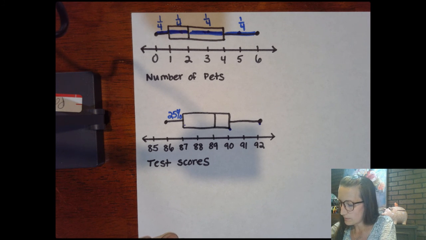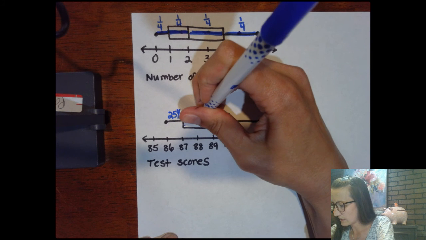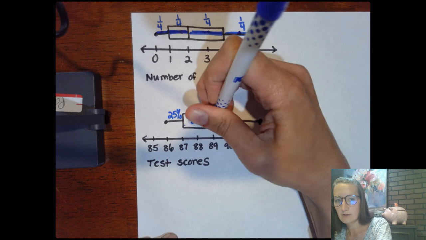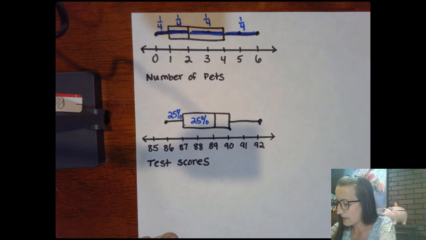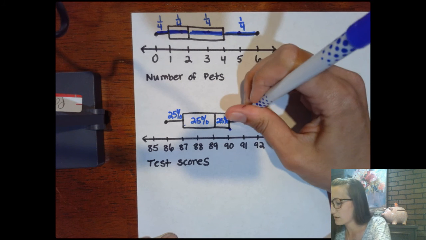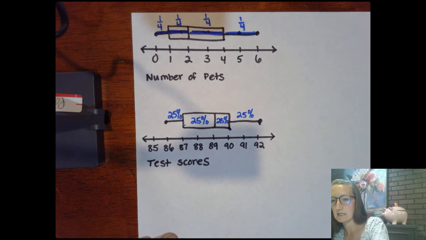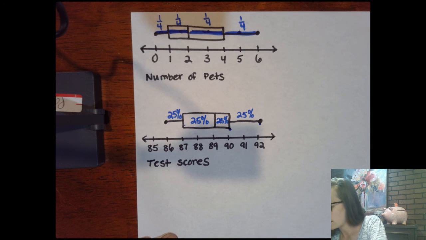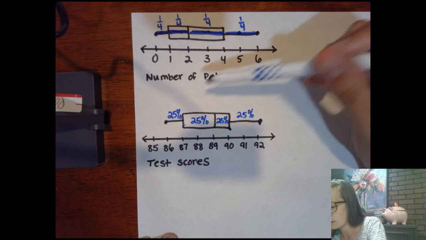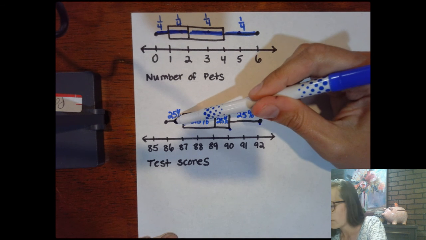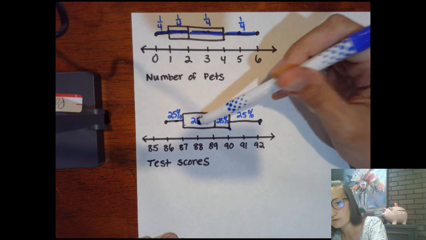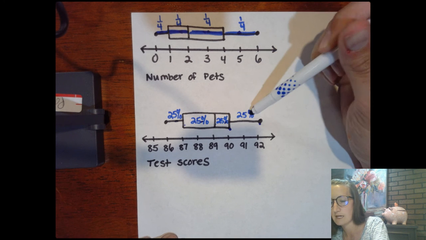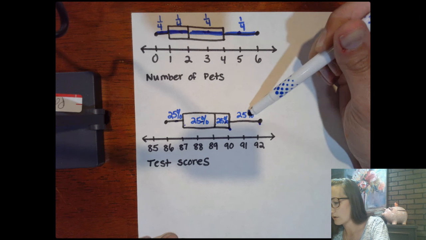Another 25% scored in between an 87 and an 89. Another 25% scored between an 89 and a 90. And the top 25% scored between a 90 and a 92. So if we had 20 kids in the class, 5 would be in this group of scores, 5 students would be in between these two numbers, 5 students would be in this group, and 5 students would be in this top group, making 20 altogether.